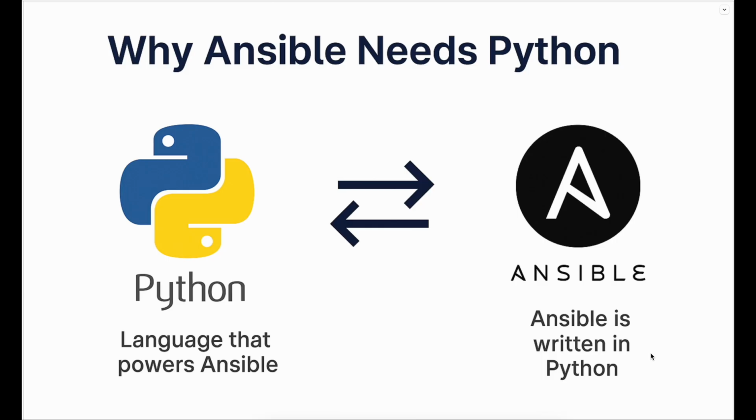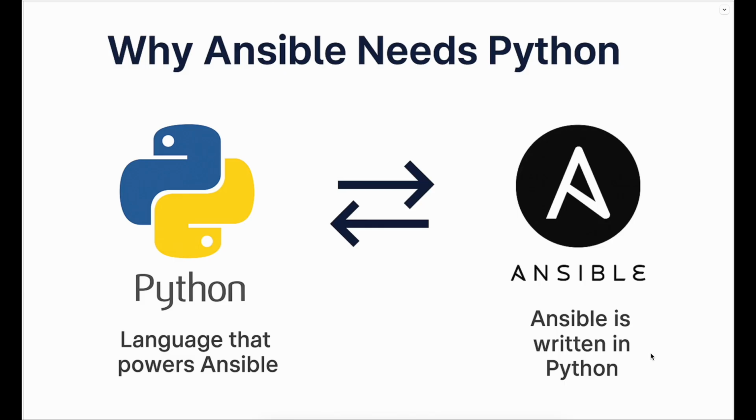This is why using Python 3 or above is highly recommended. Newer Ansible modules are designed to work with Python 3 features. Things like better error handling, improved performance, and security updates. If you are running on an older Python 2 setup, some modules might fail or behave differently.